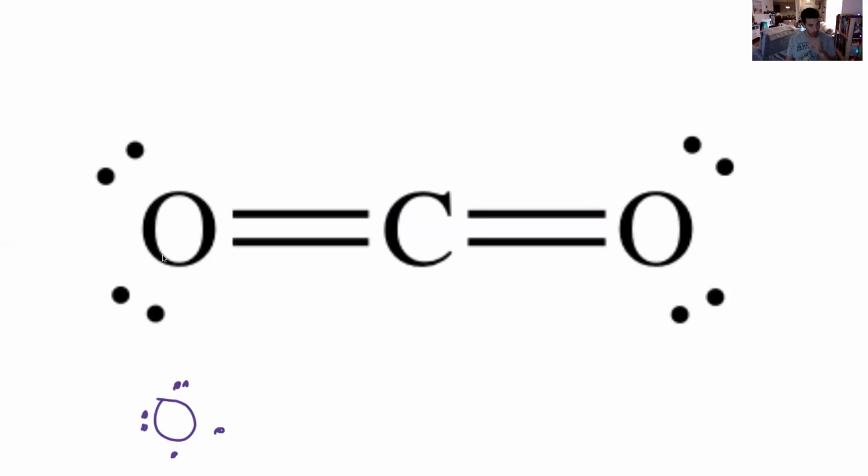If we think about the left oxygen, oxygen should have 6 valence electrons. It's a group 16 element, 6 dots. That's easy. When we look at it, 4 of those electrons are non-bonding. Those are lone pairs, 2 lone pairs, and there are 2 chemical bonds. Each bond includes 2 electrons, but the individual oxygen atom is only contributing 1 electron per bond.